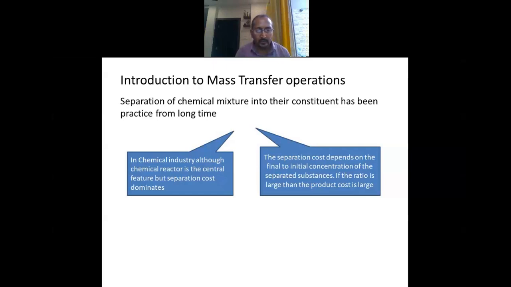Though in the chemical industry the chemical reactor is the central feature, the separation processes dominate the cost. So in the cost of any product produced, separation processes dominate.